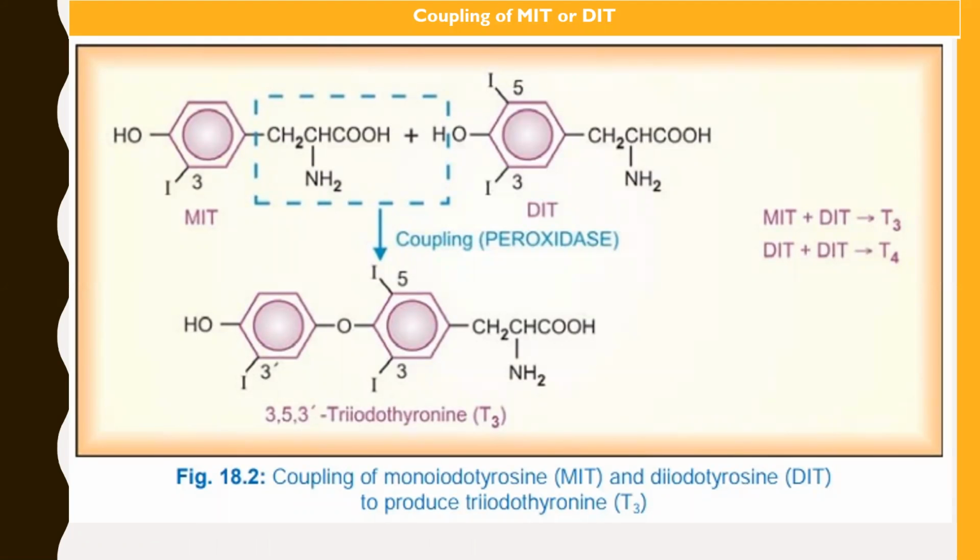Coupling of MIT and DIT. This structure is for coupling. MIT, here is DIT. They are coupled together to form T3, triiodothyronine. The coupling of monoiodotyrosine and diiodotyrosine produces triiodothyronine.